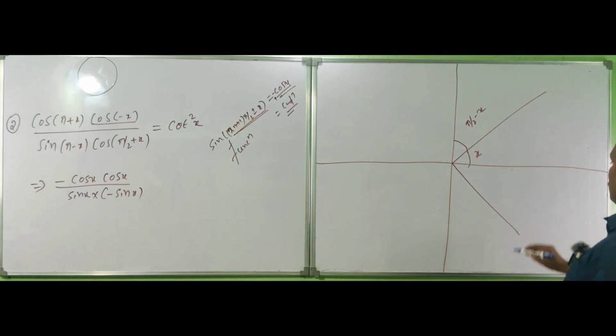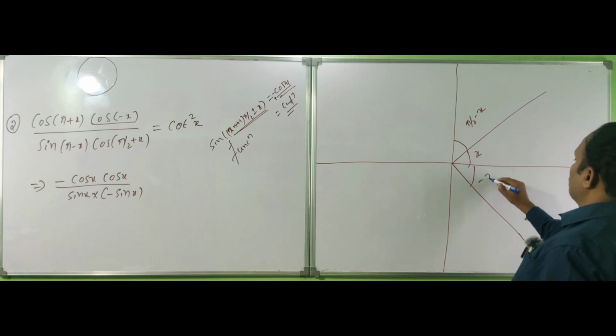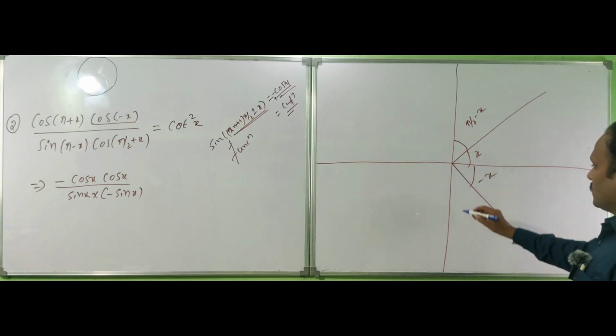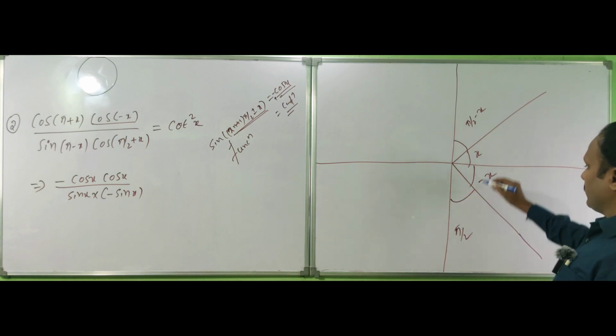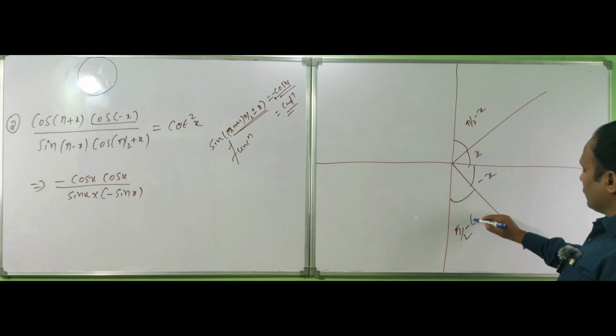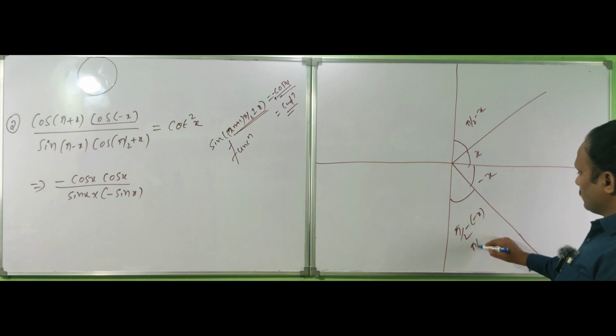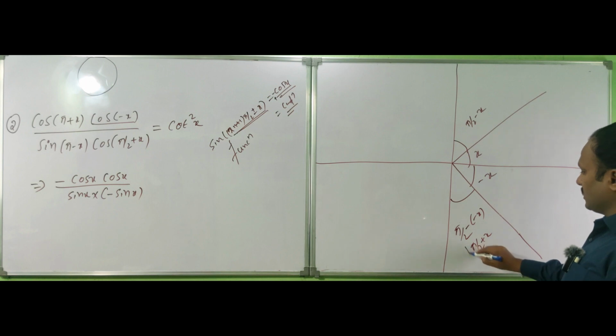Similarly, this becomes minus x, so the whole is pi by 2, minus of this minus x, this gives pi by 2 plus x.